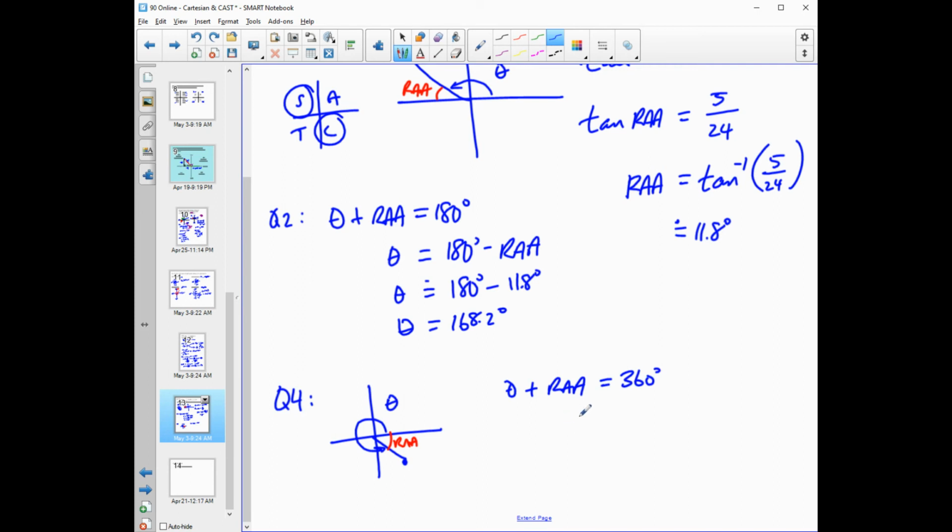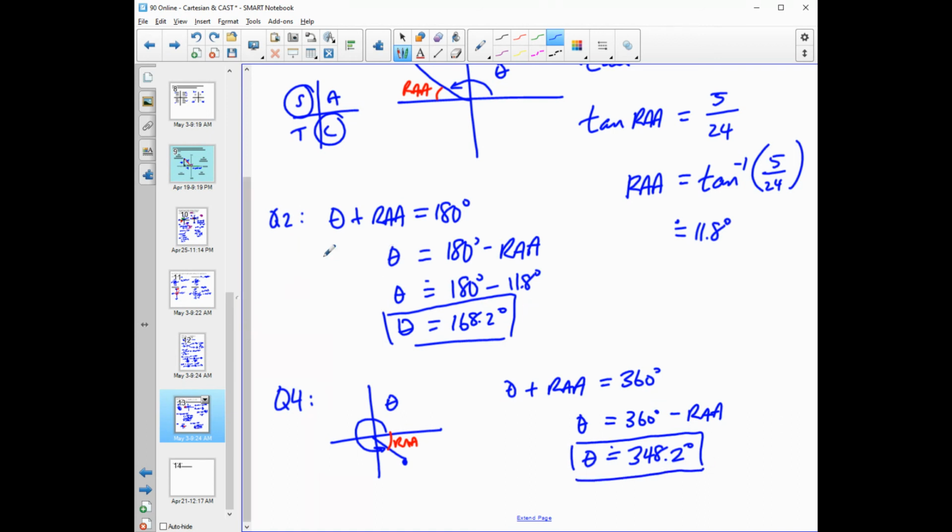That means theta on its own must be equal to 360 degrees minus the related acute angle, which means 360 minus 11.8 is 348.2 degrees. So I end up with those two possible answers.